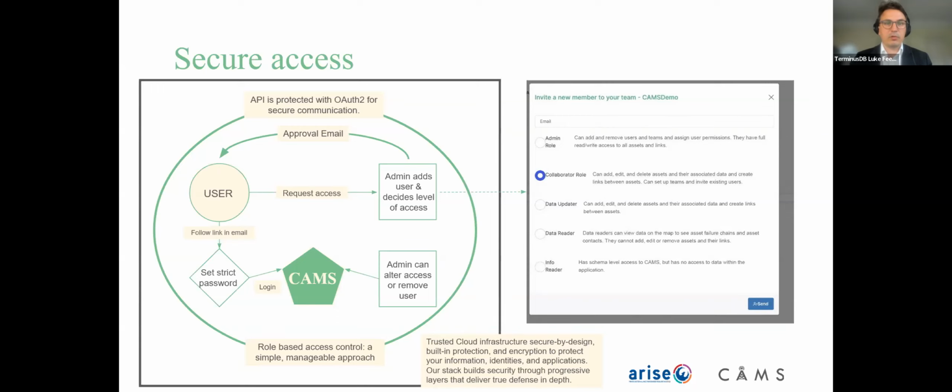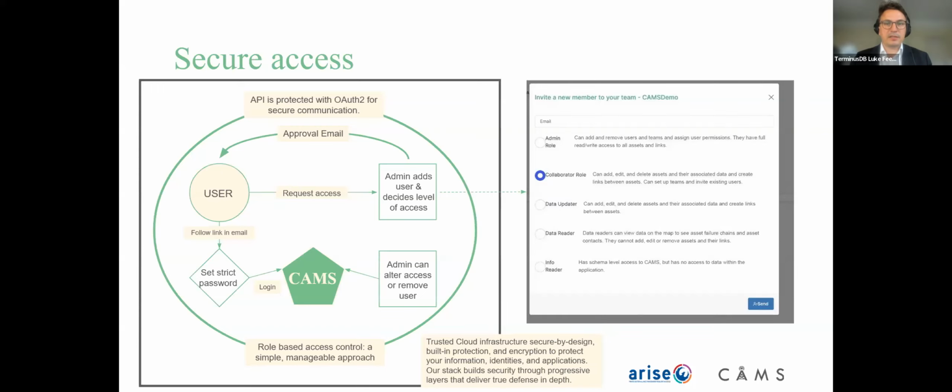So one of the things that we've really focused on when we're building the tool is granular access control and really strong security. You can see the way that we've set it up is that there's no independent way to become a member of a critical asset management system team.